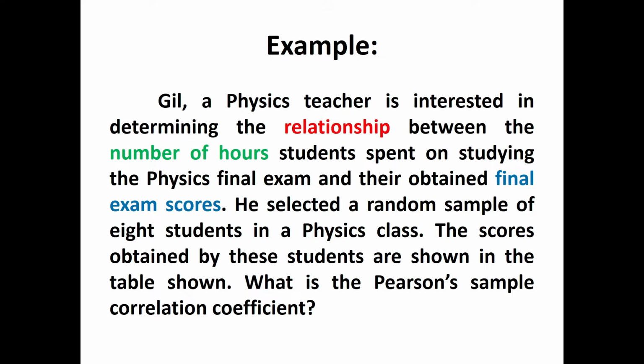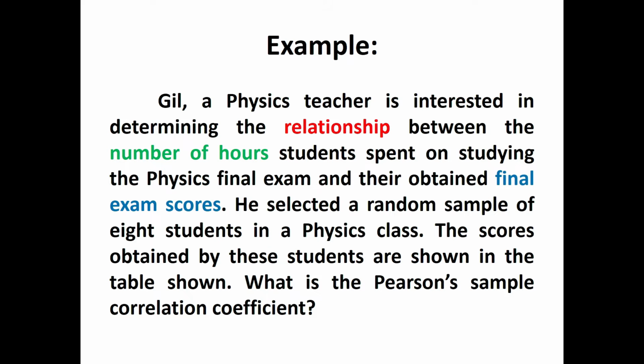Remember, these data are measurable because we're talking about the number of hours and the final exam scores. Alright? So those are the variables that are involved for this data analysis. For this process, it is applicable for us to use the Pearson correlation coefficient because this will require us to solve for a correlational data analysis.